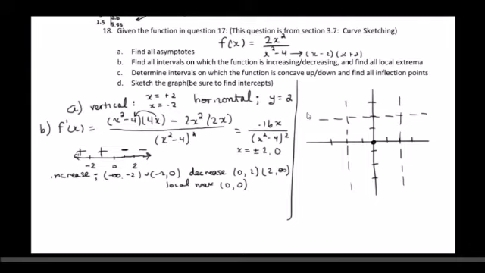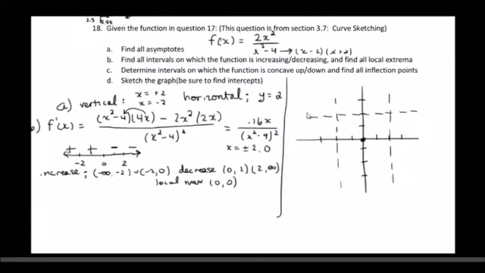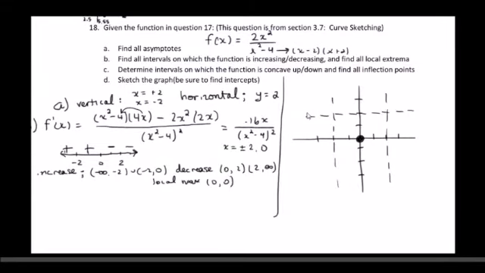If we can start piecing this graph together, in order for this point right here to be a local maximum, the graph has to be increasing on the left side of it, so it's increasing up to that point, and then it's decreasing. So it looks like we have an upside down parabola.